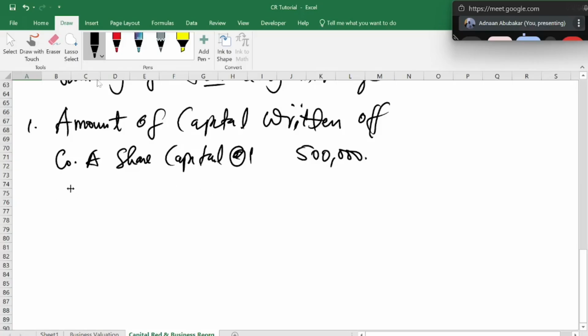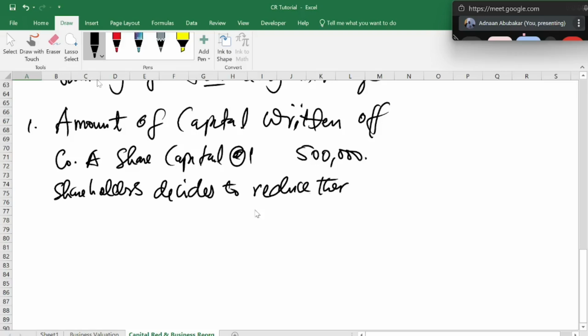The shareholders will say that the shareholders decide to reduce their share price to 80 pesos.